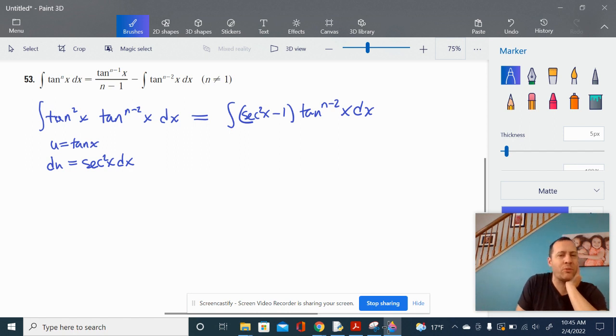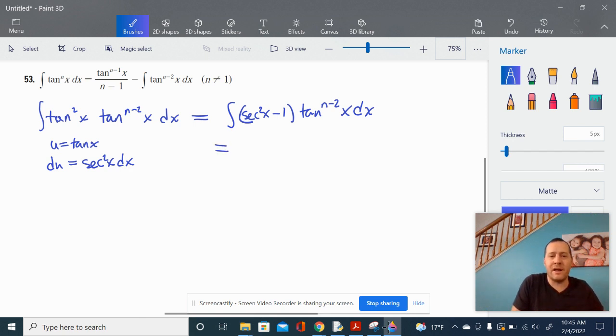And there's no good way to get rid of that minus 1 other than distributing. But that's actually good because if you look up here, our end result has minus this unevaluated integral, which would exactly be this. So that is what we want.